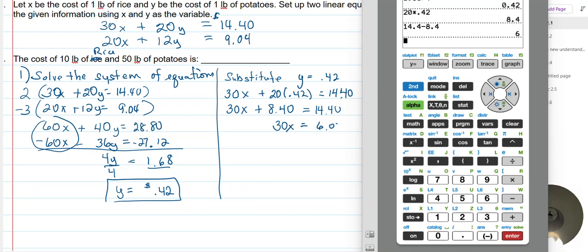I'm going to divide the 6 by 30. I'm going to get 20 cents. So now I have the cost per pound of rice and the cost per pound of potatoes. All right. So now we're going to solve for the info that we needed.